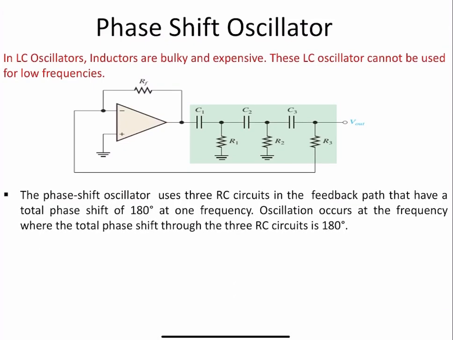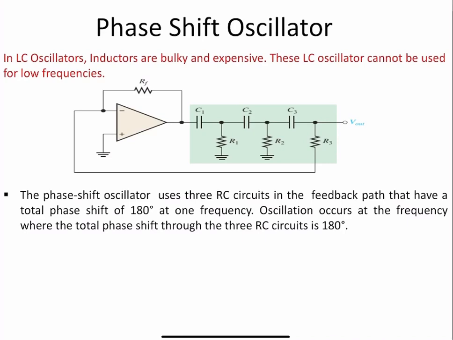Here, the operational amplifier provides a phase shift of 180 degrees as it is connected in inverting configuration. Therefore, to get another 180 degree phase shift, for a total 360 degree phase shift around the loop, the frequency determining network of the phase shift oscillator consists of RC sections.